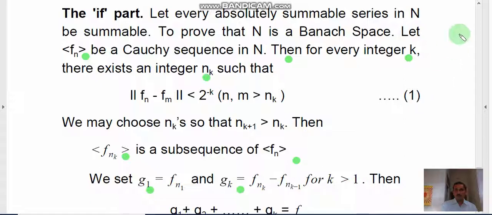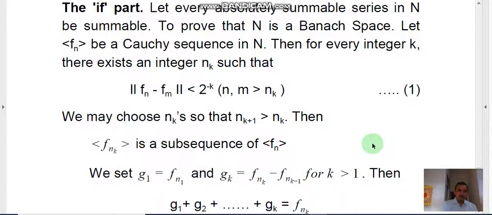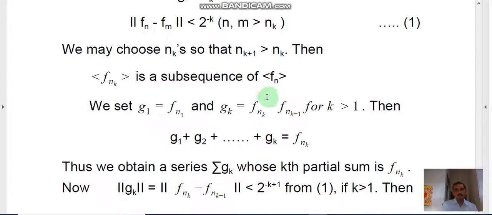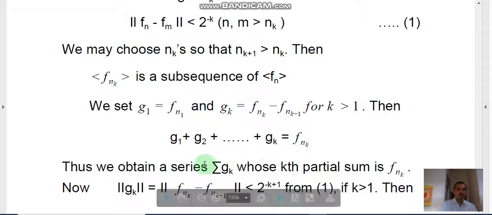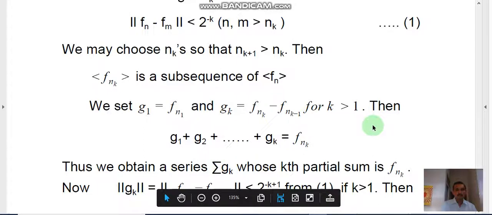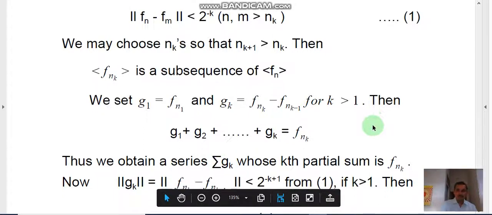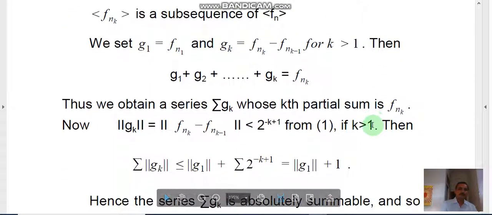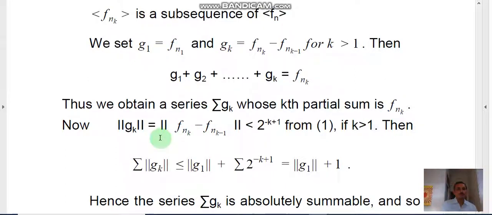Then we will see that the sum G1 plus G2 plus so on up to Gk is equal to Fnk. Thus we have obtained a series summation Gn whose kth partial sum is Fnk, and the norm of Gk, which is the norm of Fnk minus Fnk minus 1, is less than 2 power minus k plus 1 from equation 1.